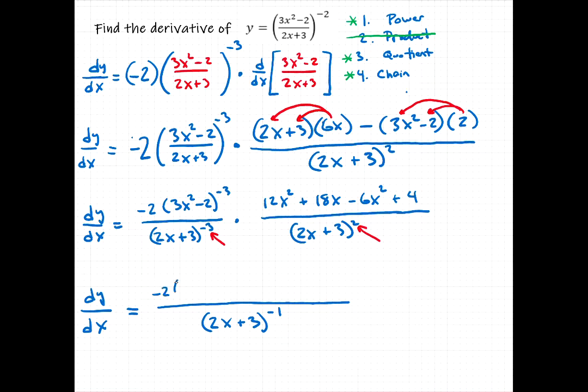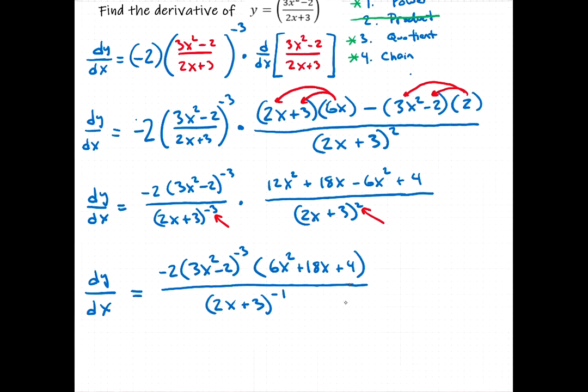And we have a minus 2, 3x squared minus 2 to the minus 3 power. Negative 2, 3x squared minus 2 to the negative third power. And we have 12x squared minus 6x squared. That's 6x squared plus 18x plus 4.